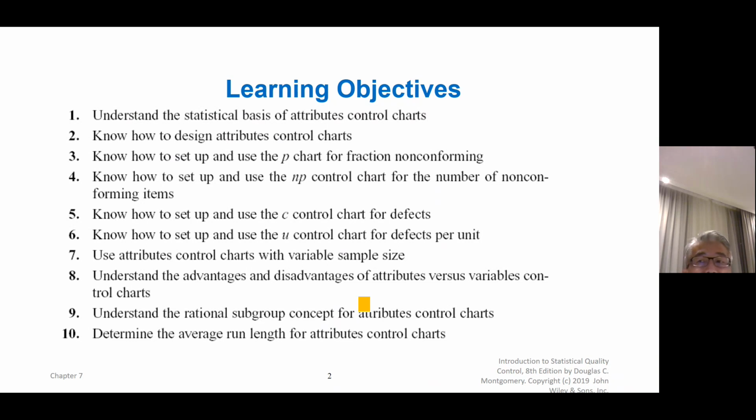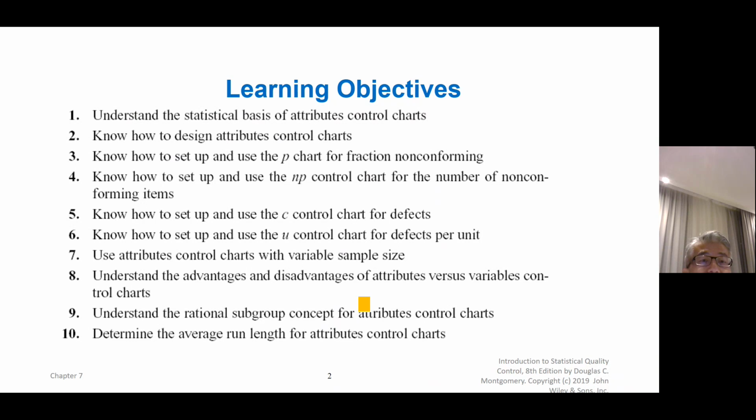Use attributes control charts for variable sample size. If the sample size varies from lot to lot, is there any possible way to deal with time-varying sample sizes?